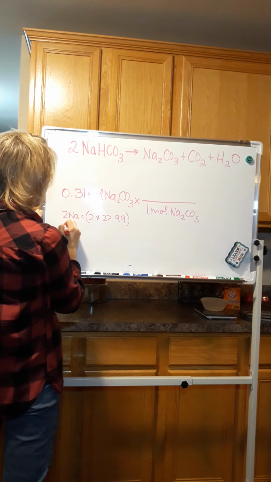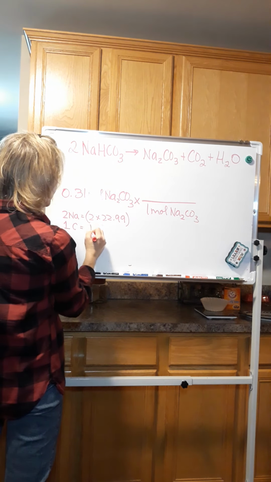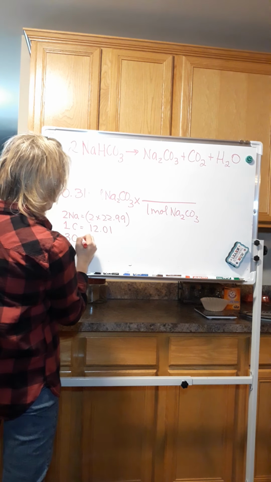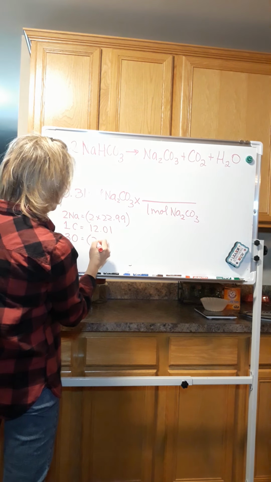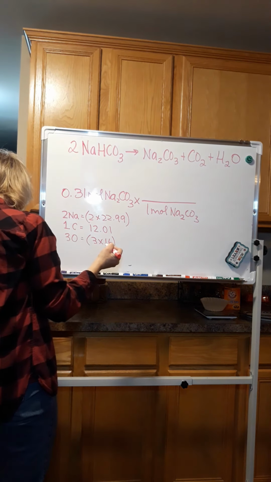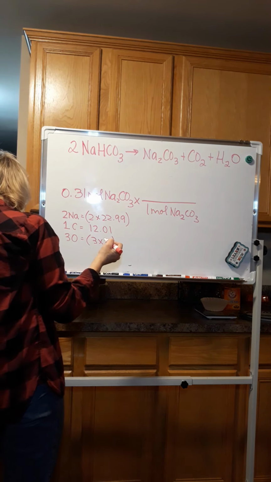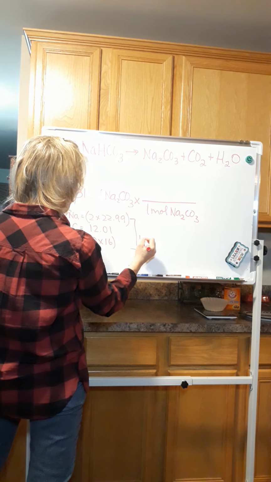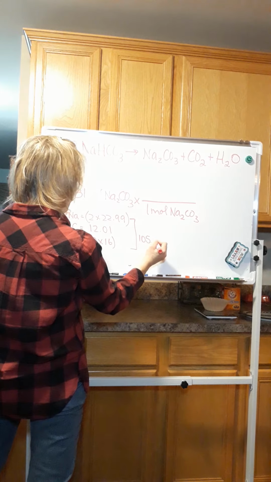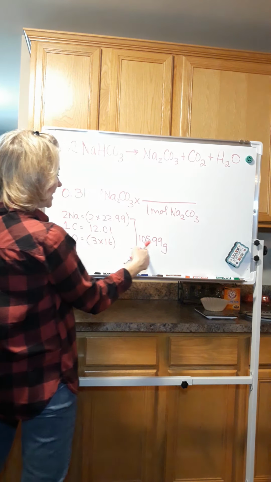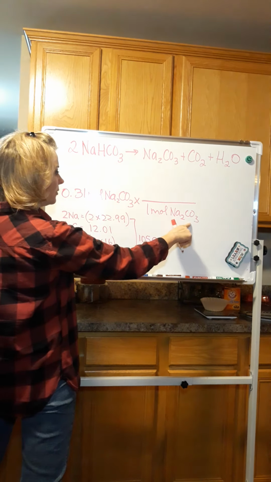And I have 1 carbon, which is equal to 12.01. And I have 3 oxygens, which is equal to 3 times 16. And when I add all of this together, I get 105.99 grams. This is the mass of 1 mole of sodium carbonate.